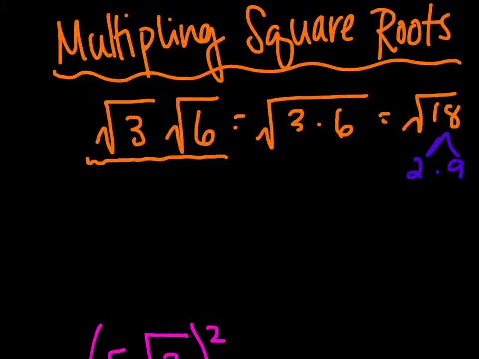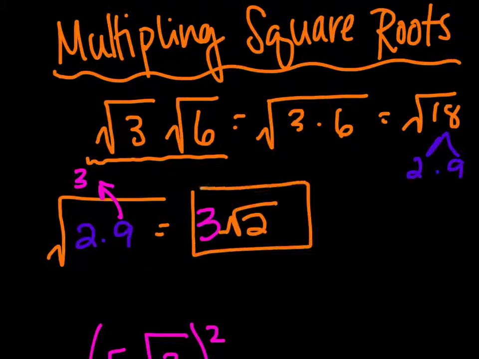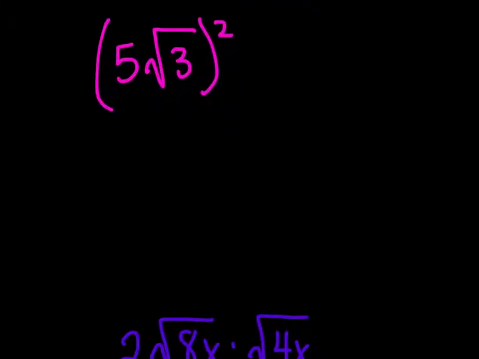So we can rewrite this now as the square root of 2 times 9, and then say the square root of 9 will come out and become a 3, and we can say 3 square root 2 is our final answer. So the square root of 3 times the square root of 6 turns into 3 square root 2. Let's do this for a couple more problems.